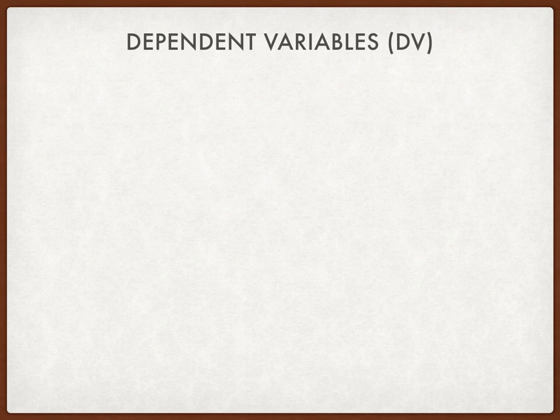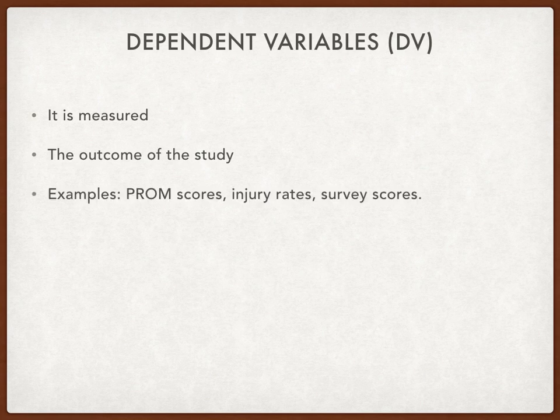So first are dependent variables. This is something that's measured. That's the first thing you have to remember: the dependent variable is always measured some way. It's the outcome of the study. It's what we're trying to figure out. It's dependent on the independent variable.